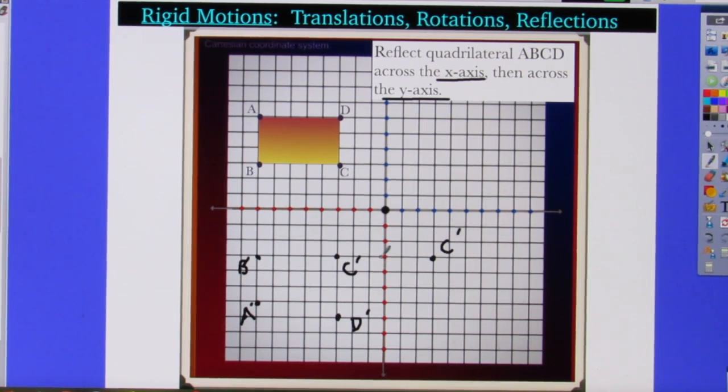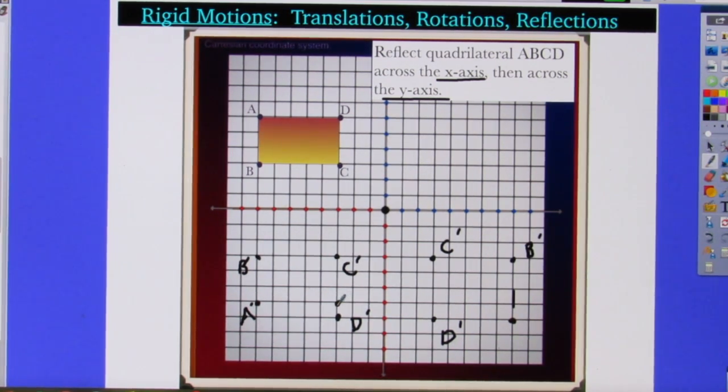B is 1, 2, 3, 4, 5, 6, 7, 8, so 1, 2, 3, 4, 5, 6, 7, 8 for B prime. And D, 3 to the left, so 3 to the right. And A is easy to figure out using, oops, shouldn't be drawing that necessarily right now, but something's wrong here.